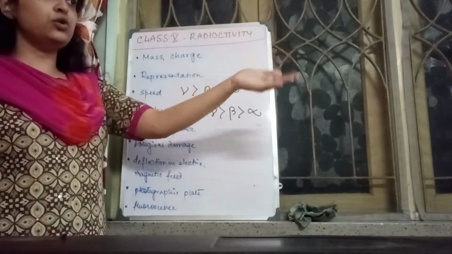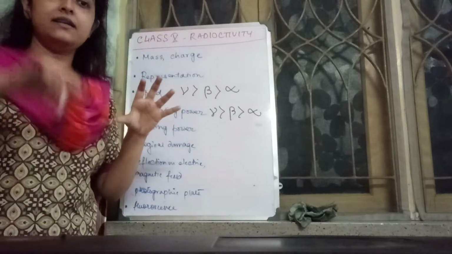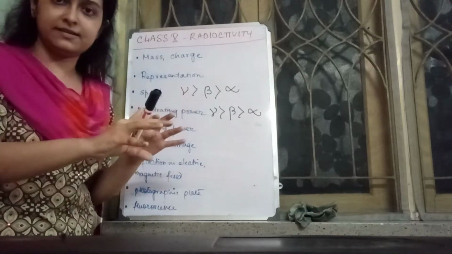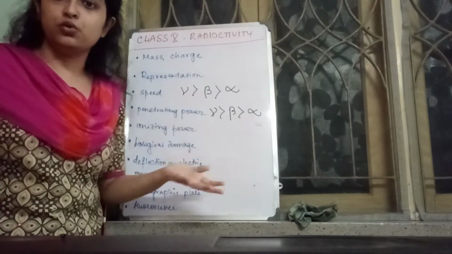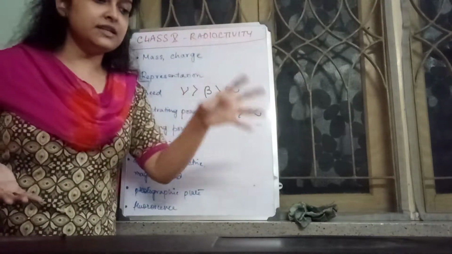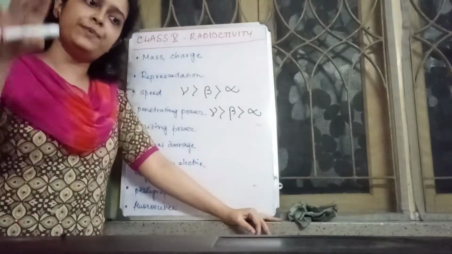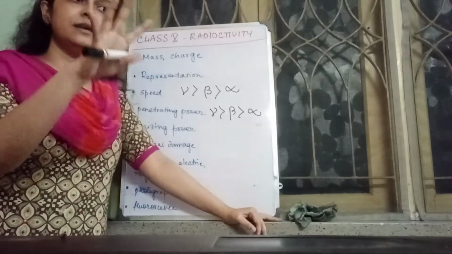If they want to attain a stable configuration, that means they want to keep on disintegrating and attain a stable nucleus. Finally, a radioactive substance, what does it do? If you leave a radioactive substance, it will keep on disintegrating and decaying for a long period of time, keep on emitting radiation, till it attains a stable nucleus.